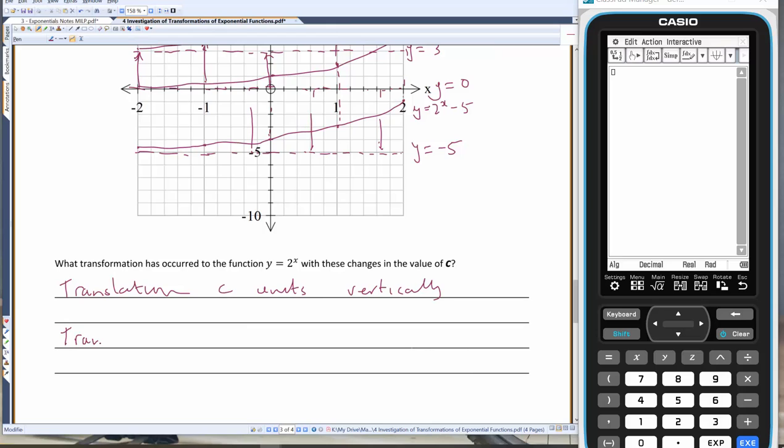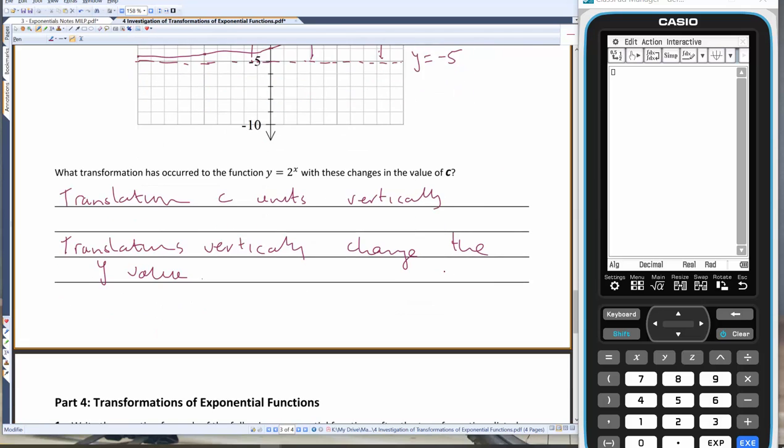And translations vertically, in this case, change the y value. So it's important to note that these particular transformations, the translations vertically, will adjust those y values. So it'll either shift them up or down, whatever the value of c is.